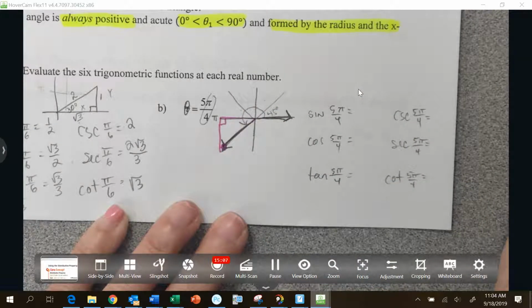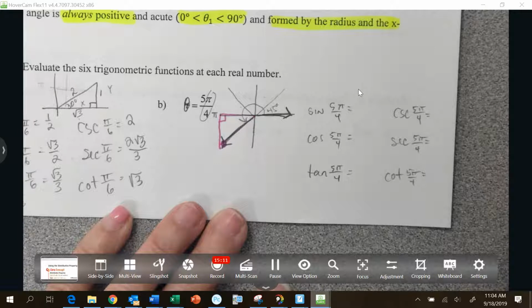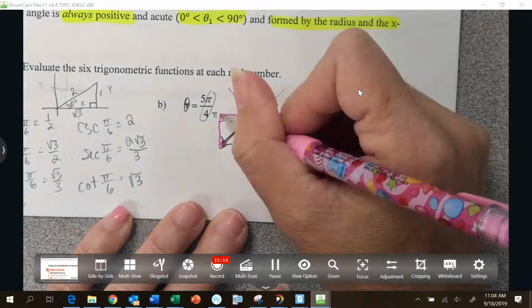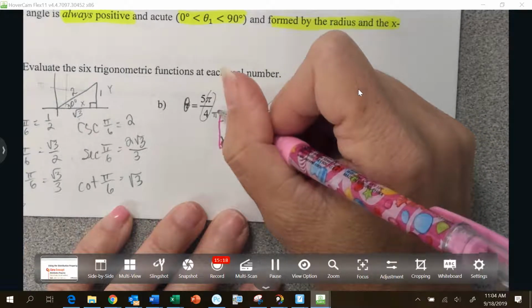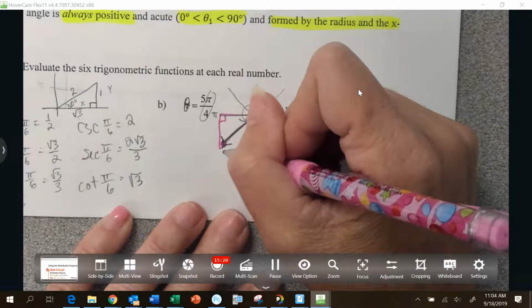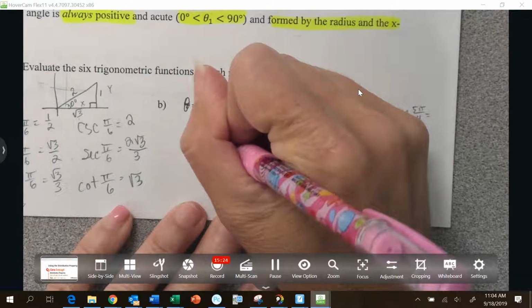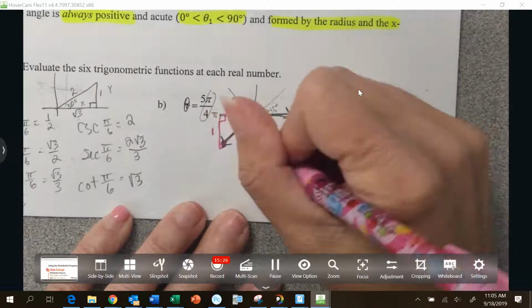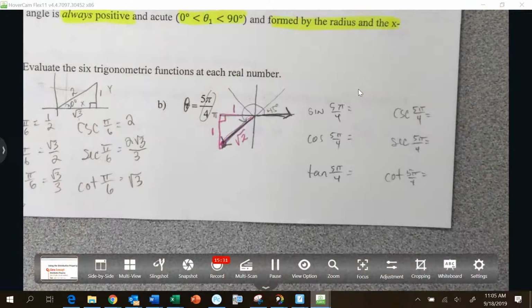I don't actually have to write the point, but I need to go x, then y. So this is my x value. What should be my y value? 1 and 1? You're almost right, but I'll come back to that in a second. What should be my radius? Radical 2.